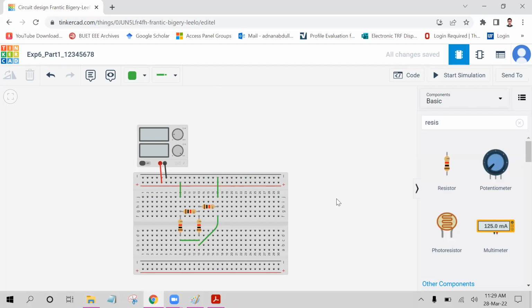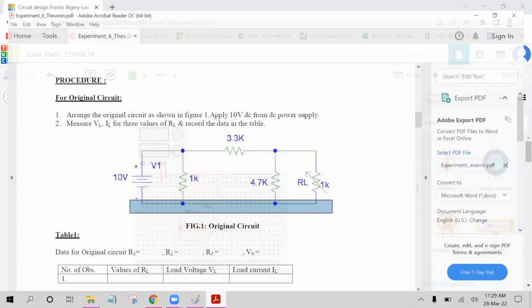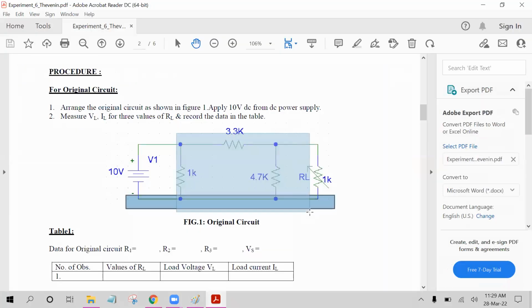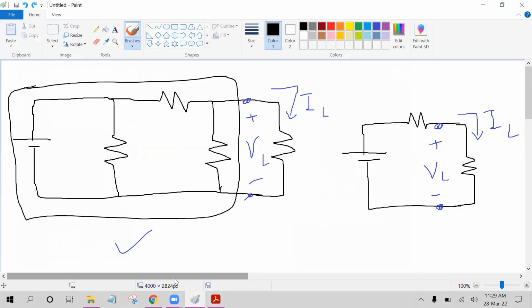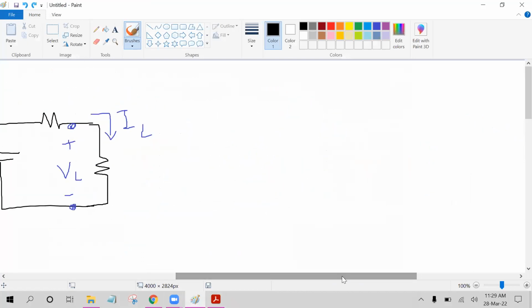Okay, next we have to set the resistor values and the power supply values, right? So there are some values mentioned in the lab sheet, but we are not going to follow this. We will change the resistor values according to your student ID. How will we set the values? Just let me give this example.